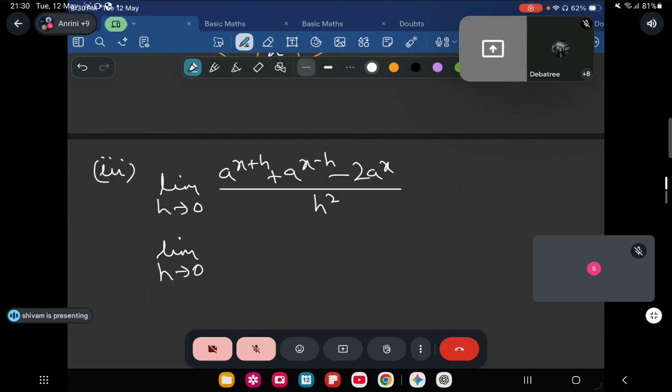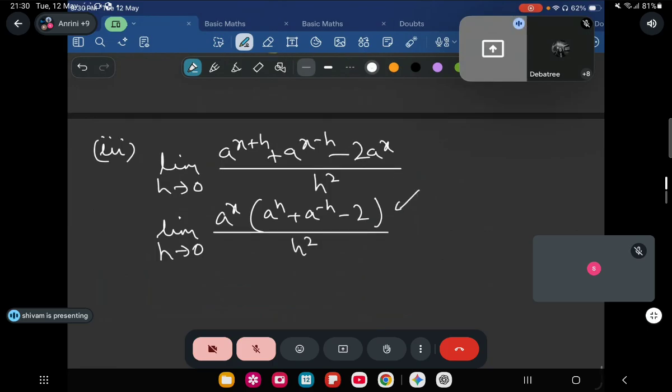You take 8 to the power x common, we'll get 8 to the power x times 8 to the power h plus 8 to the power minus h minus 2, divided by h square.